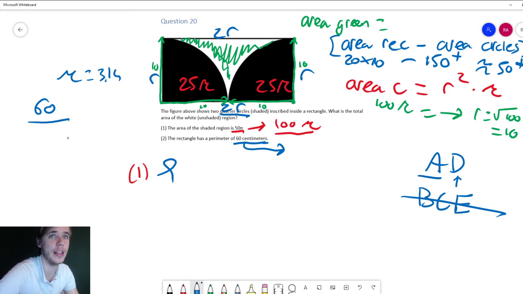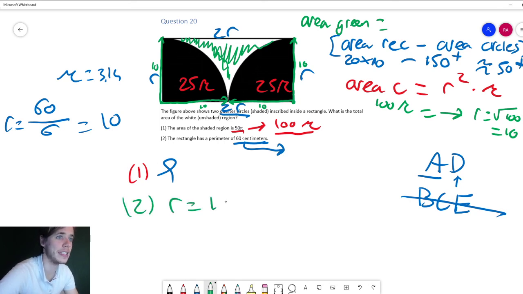The radius is 60 divided by 6, so r is 10. So we can find out with the second statement that the radius is 10, because the question is already giving us the info that this is the radius.